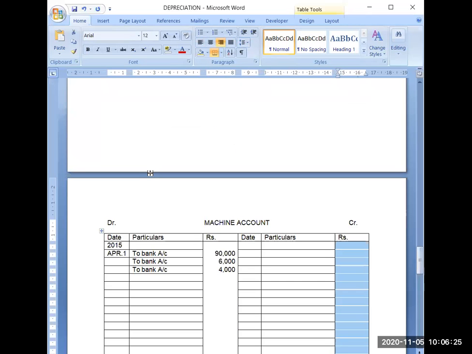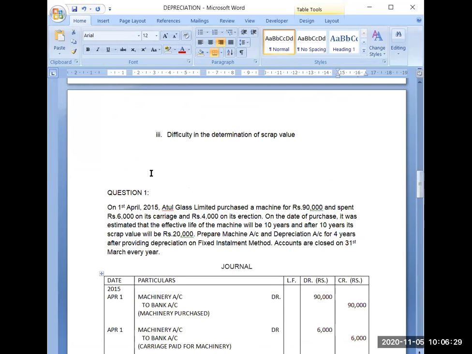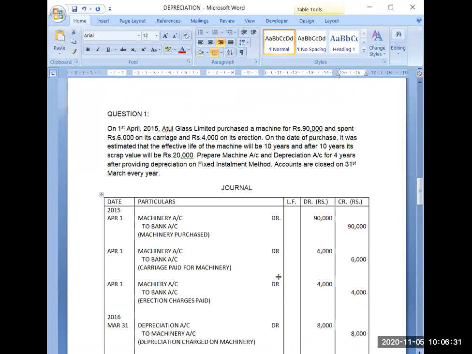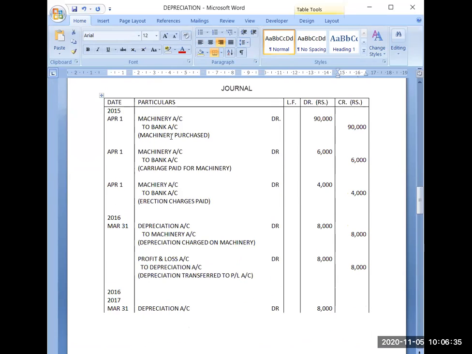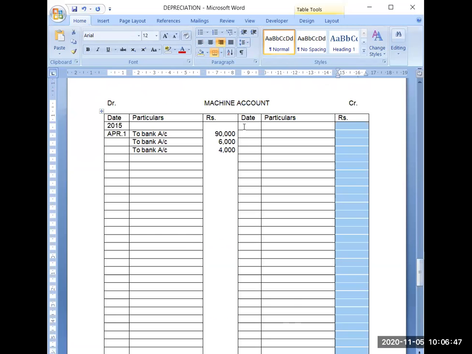Okay. So now we have recorded the April 1 transactions. All transactions have been recorded. We cannot write it collectively as 1 lakh because there are 3 journal entries, so we will record it accordingly. Now on 31st March 16, depreciation has been charged and the machinery account has been credited. So on the credit side, we will write the entry.